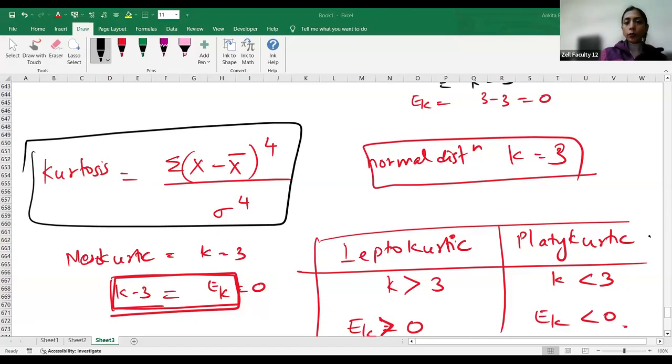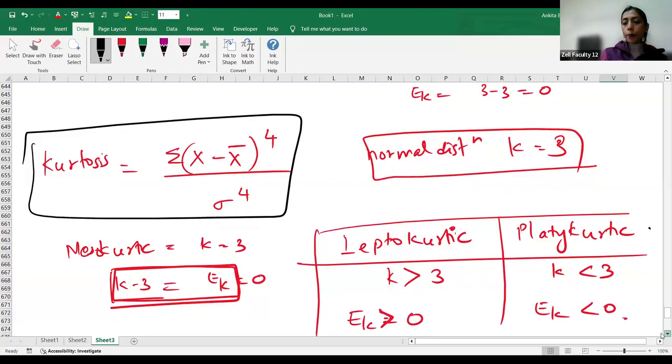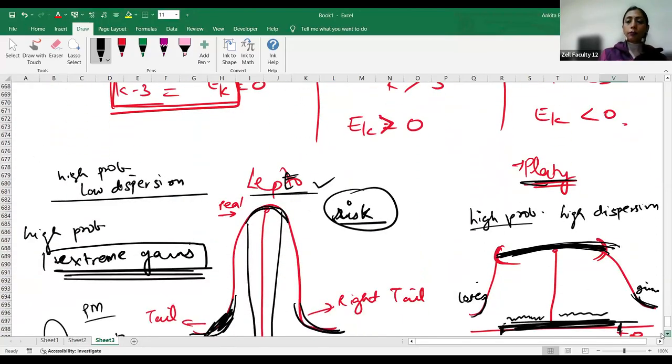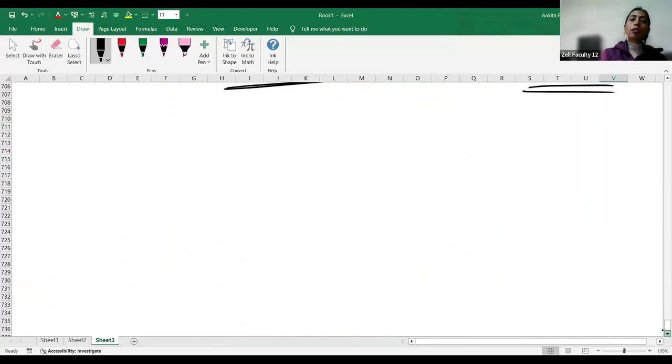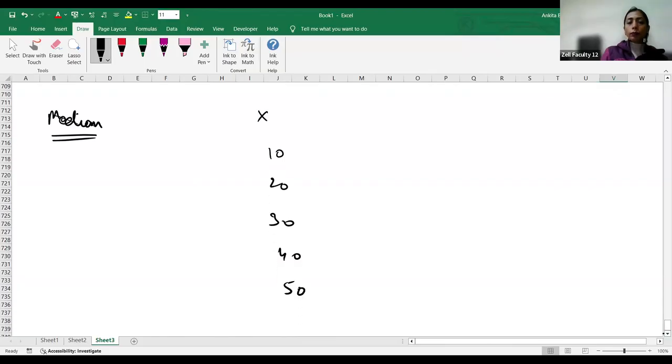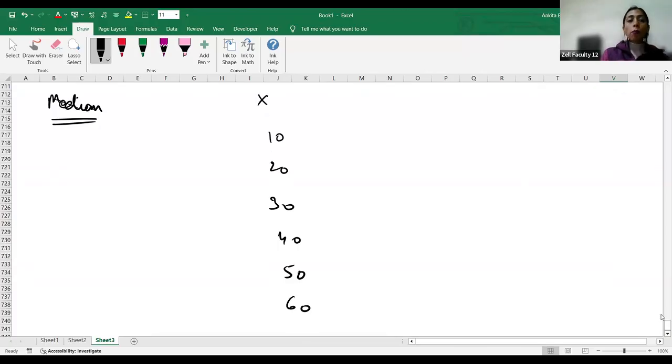Okay, now let me tell you this part, of median. So median is generally like, if there is a distribution, let's say X, and I write 10, 20, 30, 40, 50, 60. This is the distribution I have written. If I want to find the median of this distribution, how do I find it?